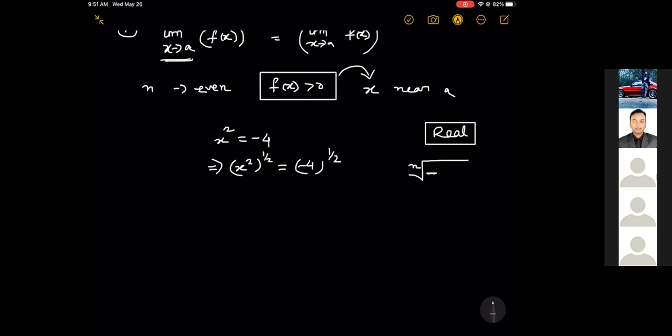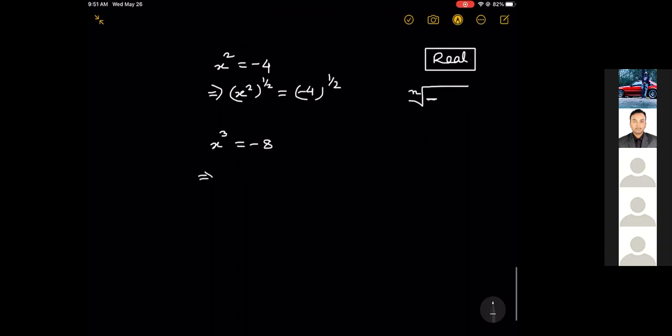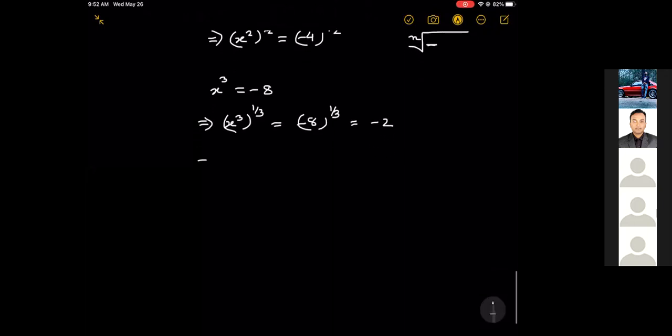So that gives us an idea that it is possible to have negativity when you have an odd power. Let's see that as well. Let's say I have -8. If we try to find the root, we'll go for the 1/3 power: -8 to the 1/3. It gives us -2. That means x is -2. We can have a solution.